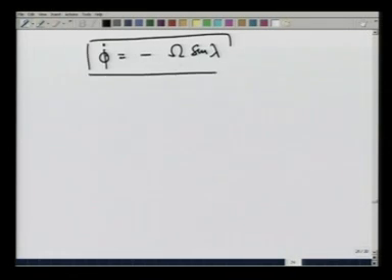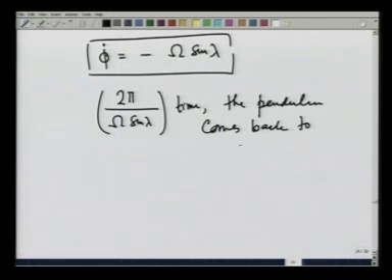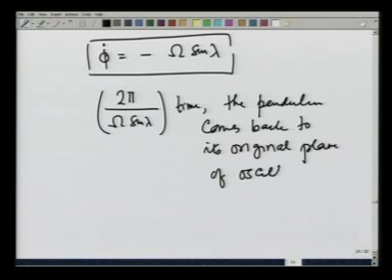So, it completes an entire cycle in 2 pi over omega sine lambda time, and the pendulum comes back to its original plane of oscillation.